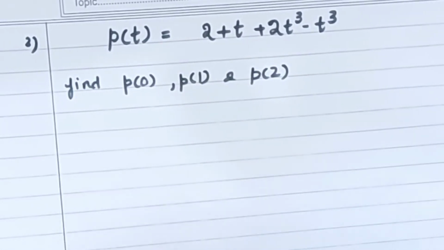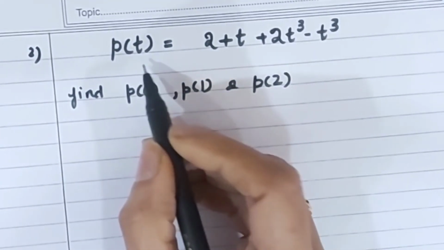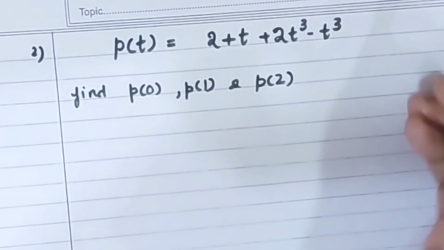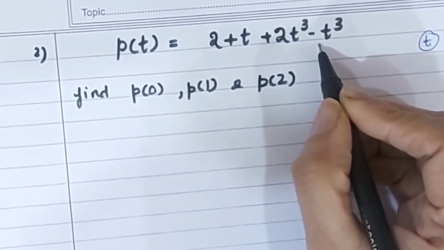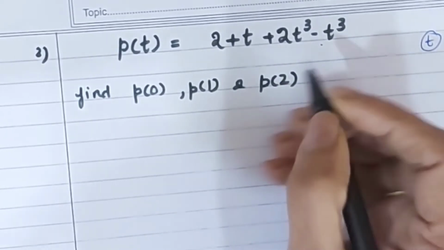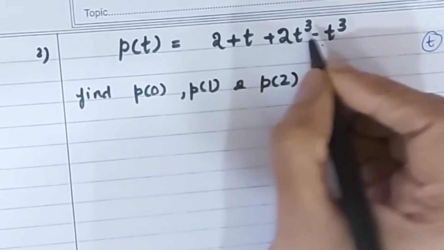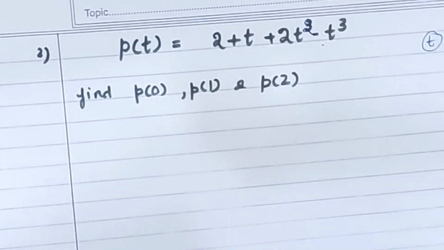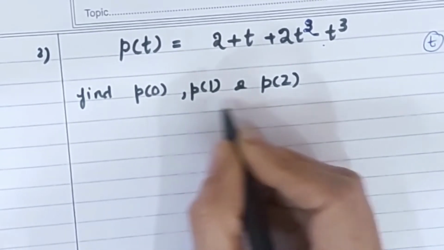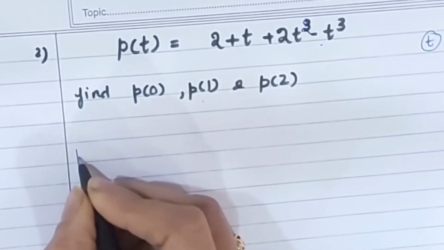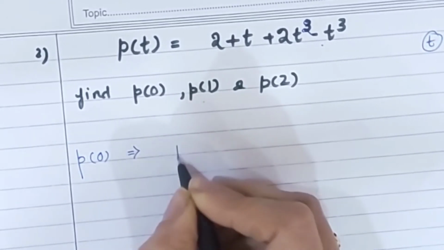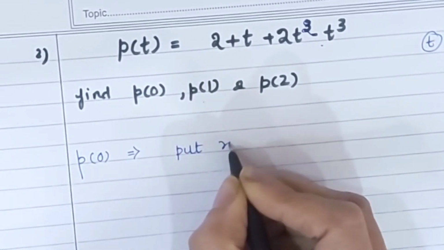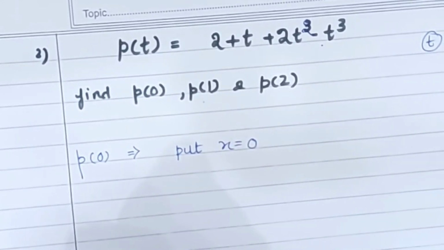Now let's find the value of the polynomial p(t), where the polynomial is in the variable t and the degree is cube. Okay, so we'll find the value of this polynomial for p(0), for p(1) and for p(2). First of all, we'll find the value for p(0). First of all, we'll put t is equal to 0 in this.